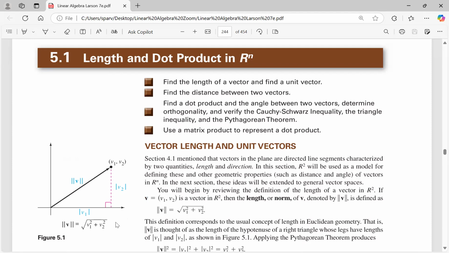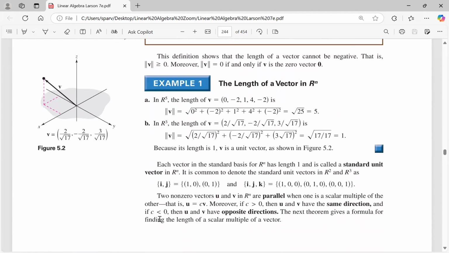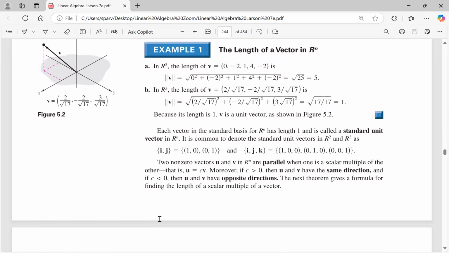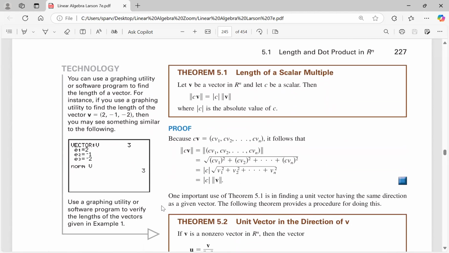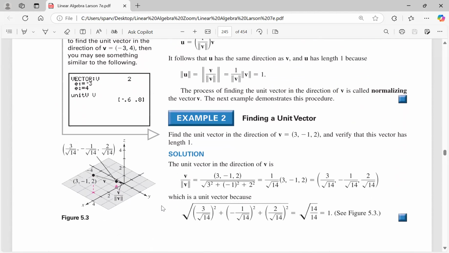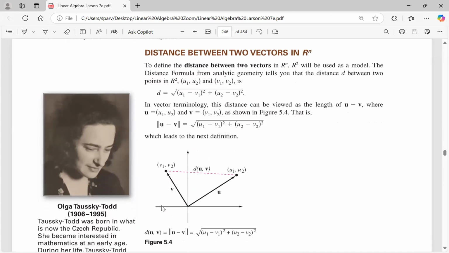And in my notes, if you notice, I put arrows on top of the vectors, because I cannot boldface them, it would take a long time to do it. So it's much easier to just go with the arrow on top of the vectors. Okay, so we talked about theorem 1, we talked about theorem 2, and we will look at exercises ourselves in a moment. The next idea here is distance between two vectors.